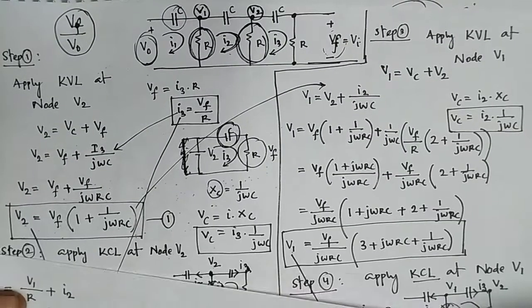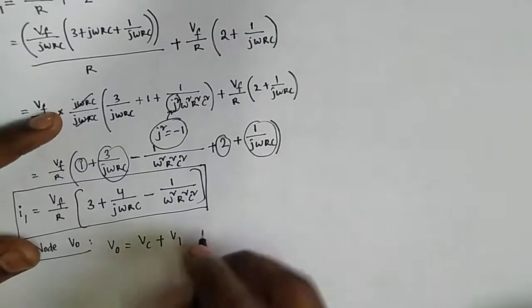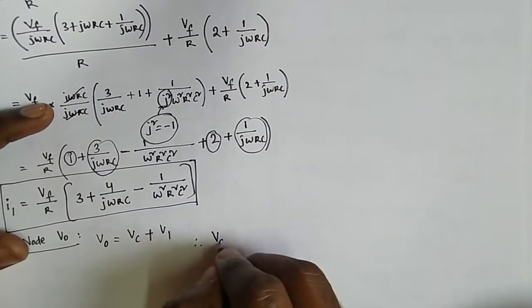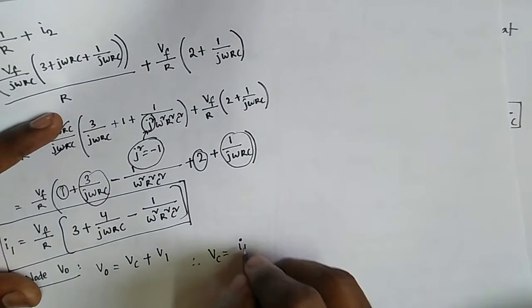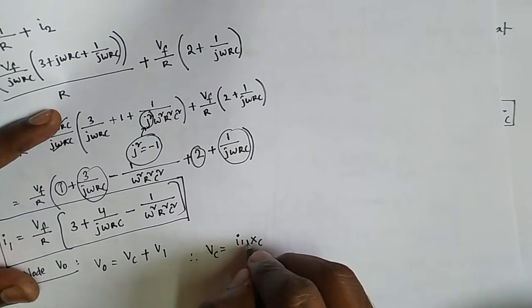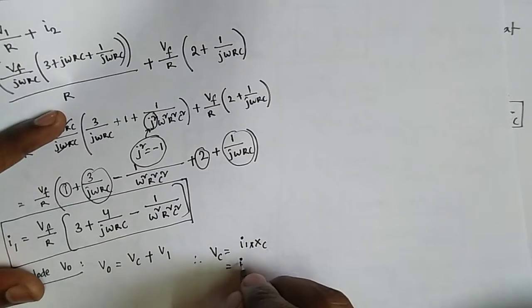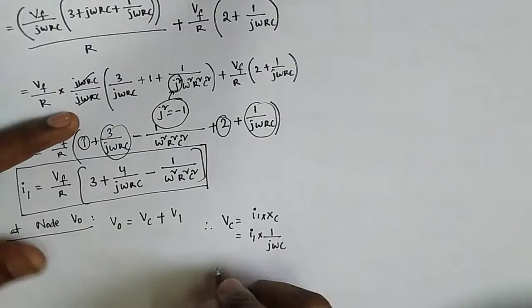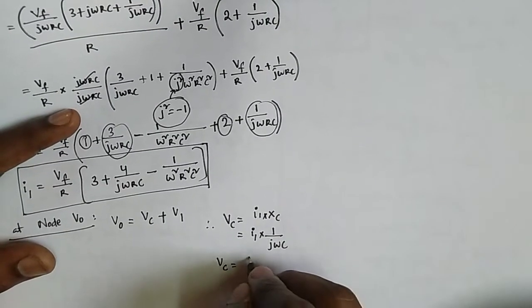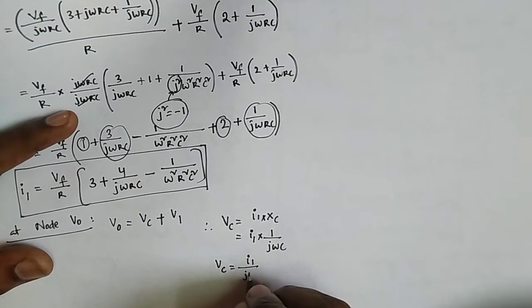You know the V1 value. Now we have to calculate Vc, the voltage drop across the capacitor, which is I1 into Xc, and Xc is equal to 1 by j omega c. Finally Vc is equal to I1 by j omega c.